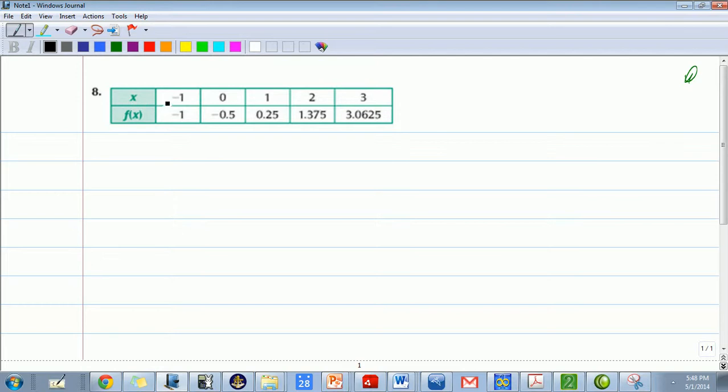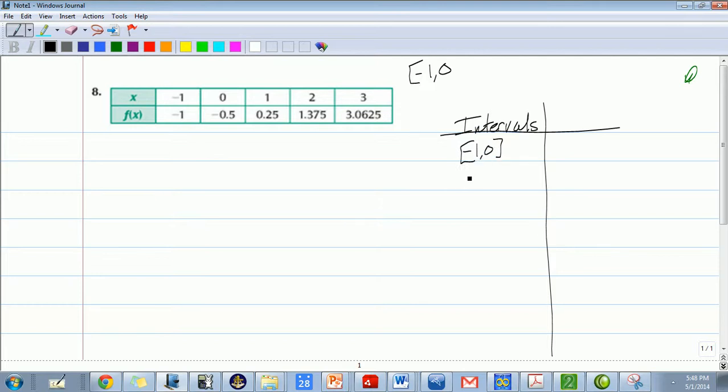If we have an x going from negative 1, 0, 1, 2, 3, the intervals we're talking about go from negative 1 to 0, from 0 to 1, from 1 to 2, and from 2 to 3. So they're just talking about those intervals right there.